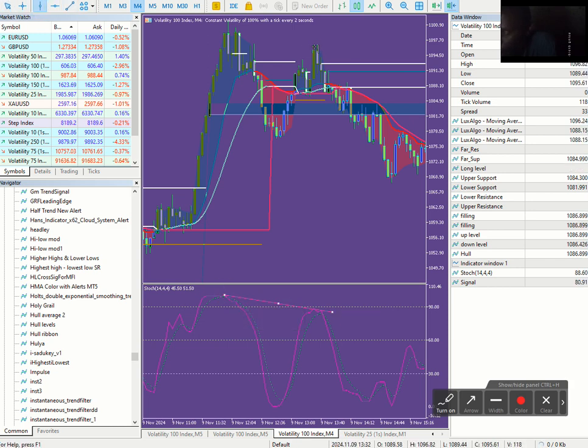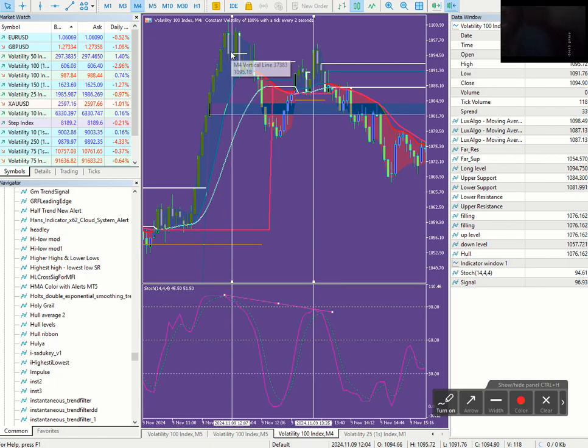Let's consider this highest point here, and also consider this highest point. So at this point what we are lacking is an indicator that will show us that these 2 points are at the same price level.